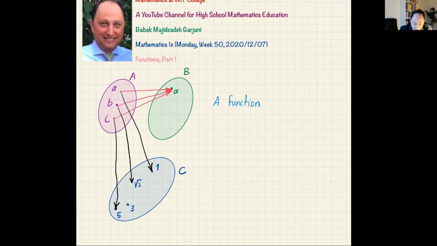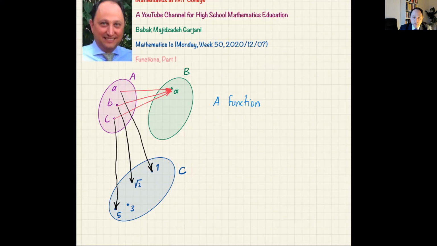But if you consider these black arrows, then this would represent a function from A to C. They are not the same functions. When you say a function, you have 2 sets and you have a set of arrows connecting the elements of these two sets in a way that I just defined for you.